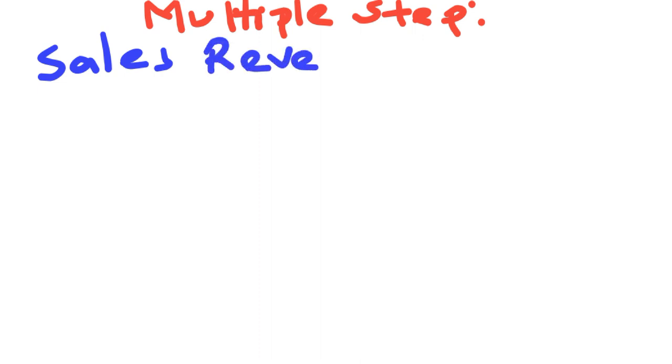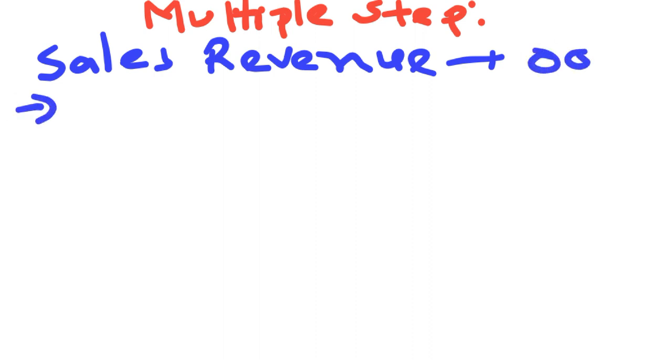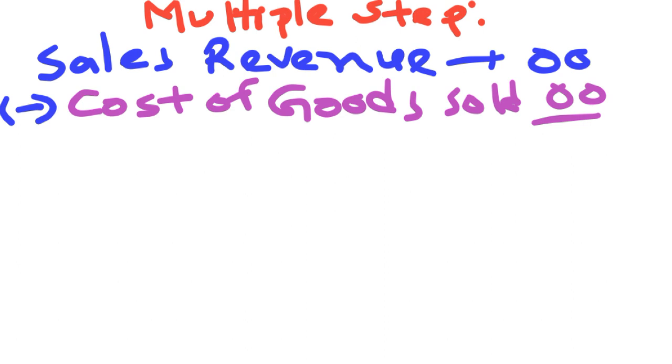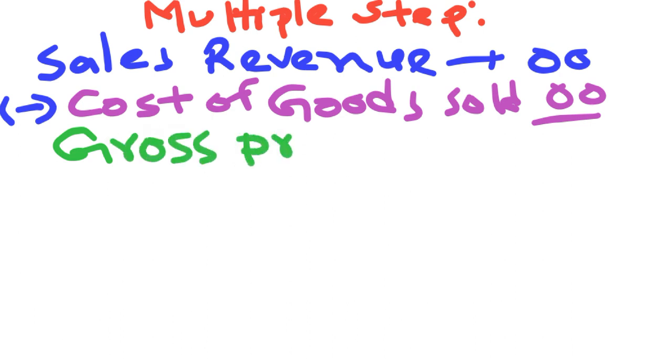So sales revenue first, less cost of goods sold. Say this is the amount. After subtracting the cost of goods sold from sales revenue, now we have gross profit.